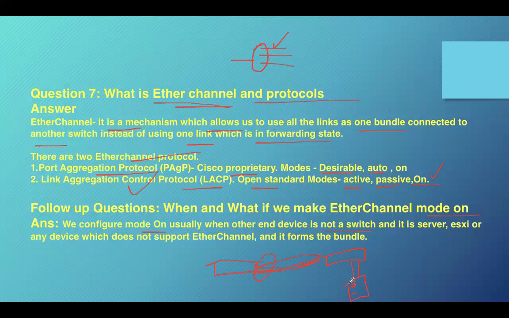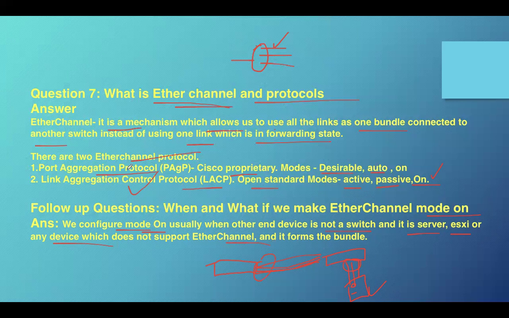Let's say you have configured three interfaces just for redundancy purposes. But this server doesn't understand any BPDU. It doesn't understand LACP or PAGP, Ether channel and all, right? But from the switch side, you still want to bundle it. This is where you would use mode on. So we configure mode on usually when the other end device is not a switch and it is a server, maybe an ESXi server or any device which does not support Ether channel, right?